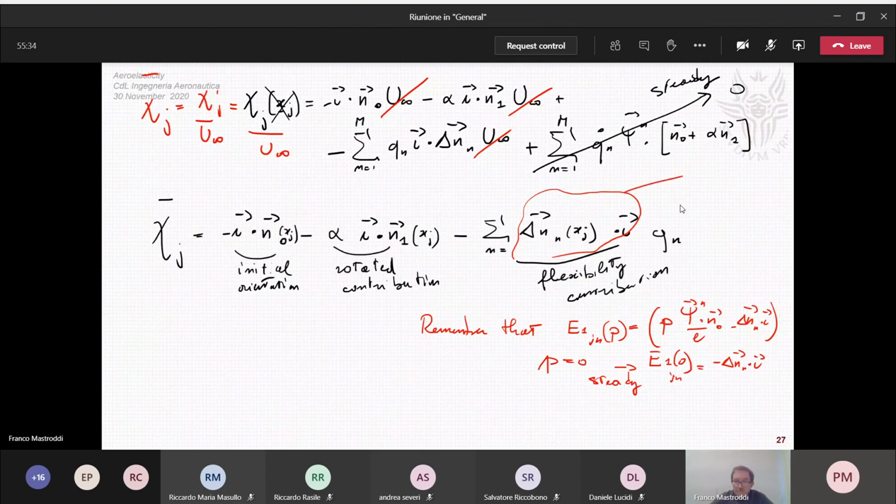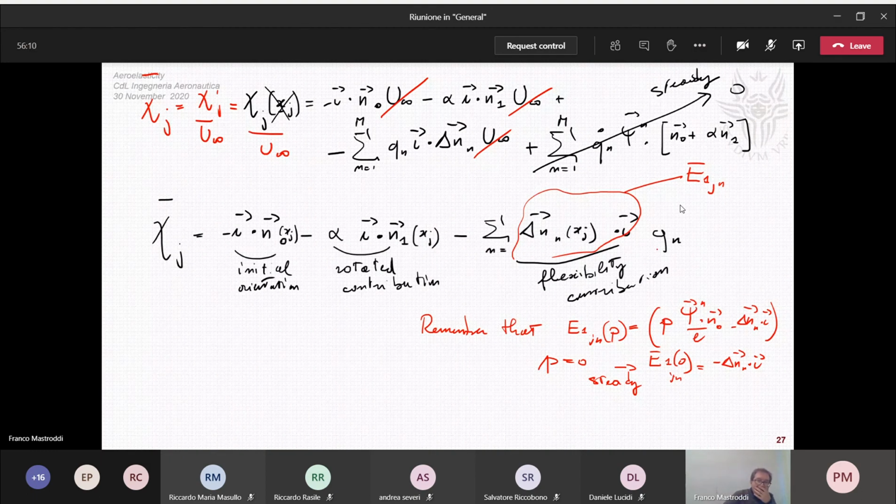So this term is the E1 matrix term, where J is the index for the panel, and N is the index of the mode shape. Okay, so this is E1 Jn. And so we can rewrite our unsteady boundary condition in this way.